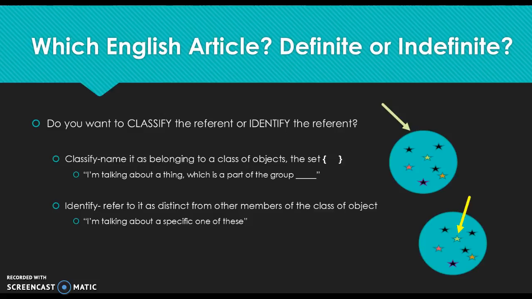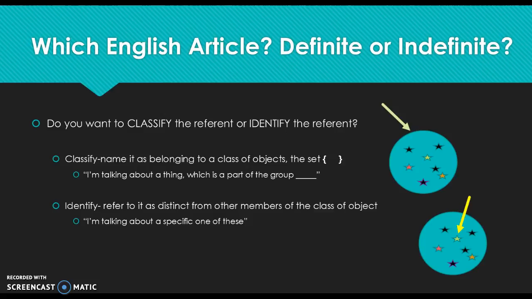Okay, so Yule describes the choice of the English article, definite or indefinite, as whether we want to classify the referent, meaning just generally we're talking about one of a set, like the set of all cars. We have a car. We don't know which particular car in the real world we're referring to; it's not definite, it's not specific.